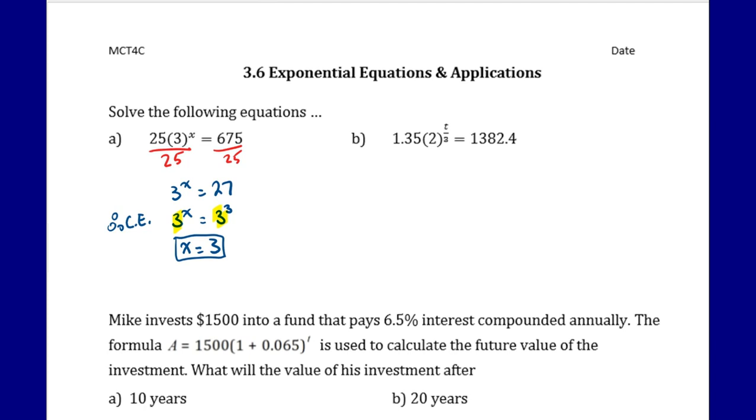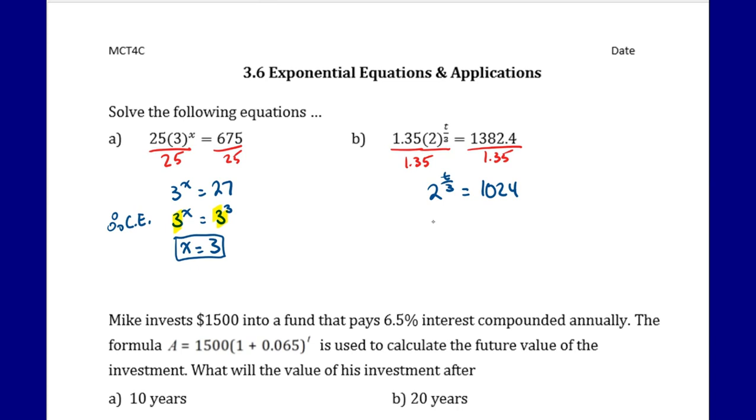For b, 1.35 times 2 to the power of t over 3 equals 1382.4. Again, same idea. I want to divide this side by 1.35, and divide the other side by 1.35. We get 2 to the power of t divided by 3 is equal to 1024.